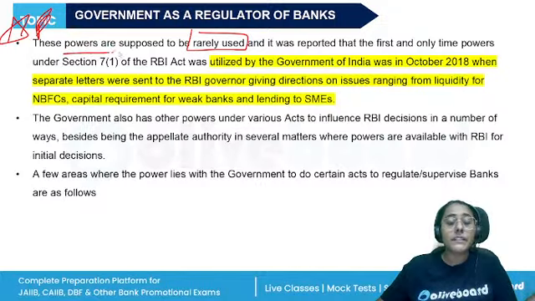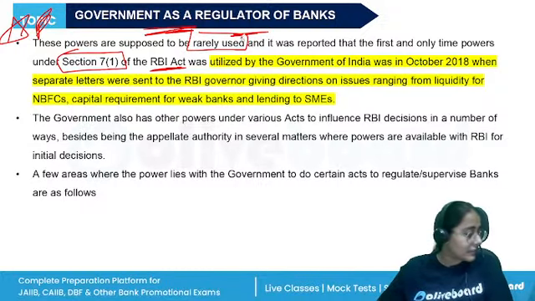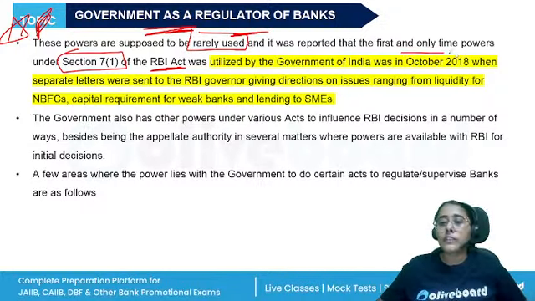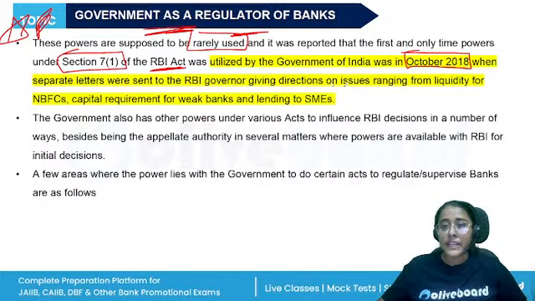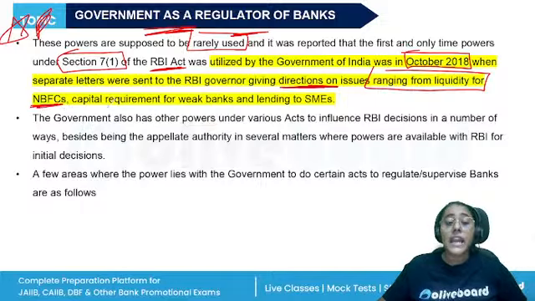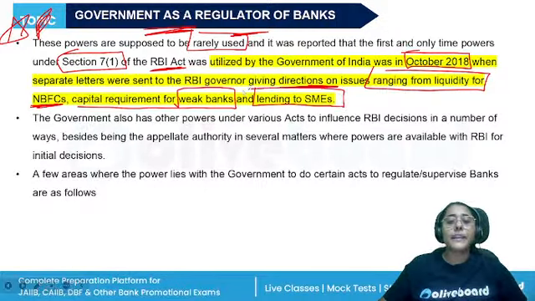First, you need to remember Section 7(1) of the RBI Act, government as a regulator of banks. Then, when has the government used this power? In October 2018, separate letters were sent to the RBI governor giving directions on issues ranging from liquidity for the NBFCs, capital requirement for the weak banks, and lending to small and medium enterprises.